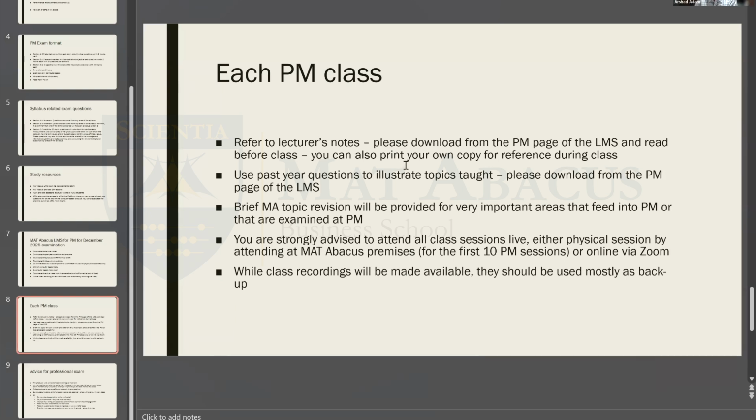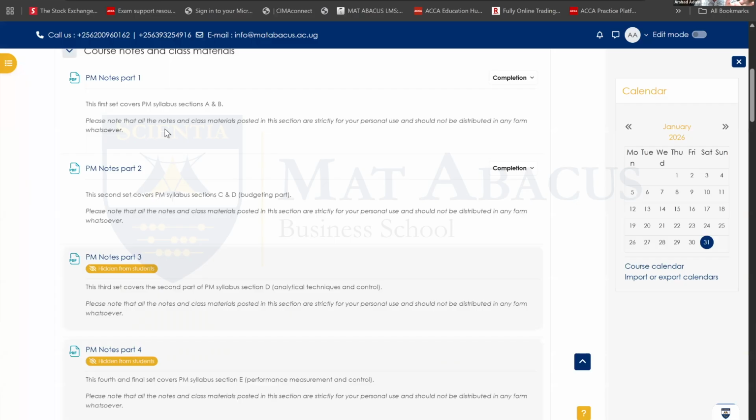I make the soft copy available to you. It's for you. It's not for your friend who did not register for this class. You're an accountant, you're an ACCA student, you must follow the ethical rules of ACCA. MAT Abacus and I only make this available for you.